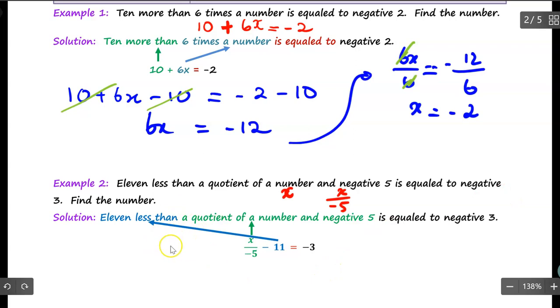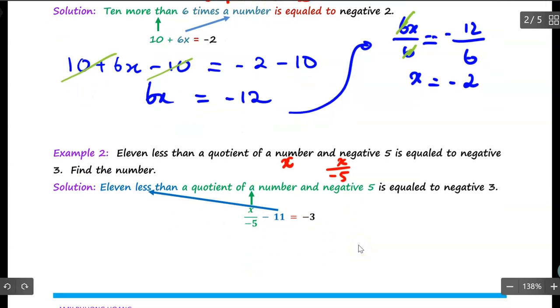So now you can see that I translated here into the mathematical equation for everyone, color coded, a quotient of a number and negative 5. Okay, 11 less than this quotient of a number and negative 5. So therefore, I have to write x divided by negative 5, then subtract 11 equal to negative 3.